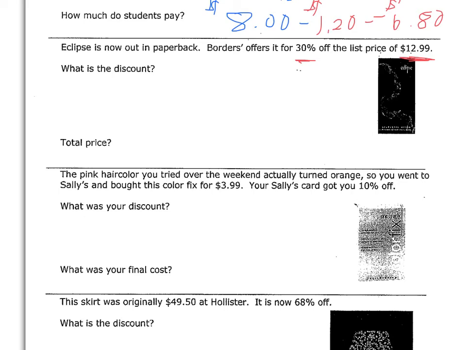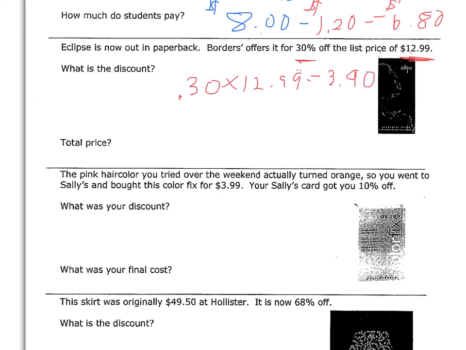So let's take 30% as a decimal and multiply that by the original price of $12.99. If we type that in our calculator, that gives us $3.89. Let's round it to $3.90 here.